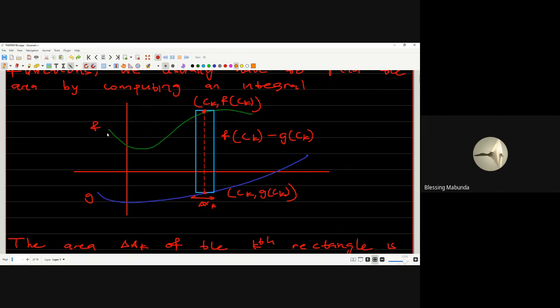That's a straight line. x is equal to a, and x is equal to b. All right, so it's bounded above, beneath, to the left, and to the right.